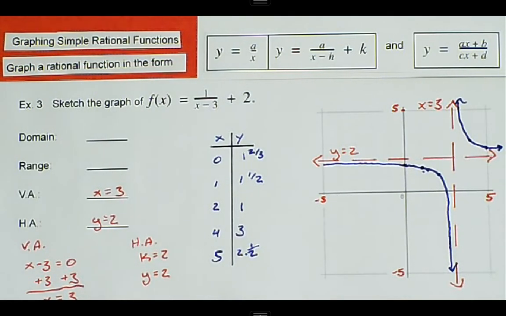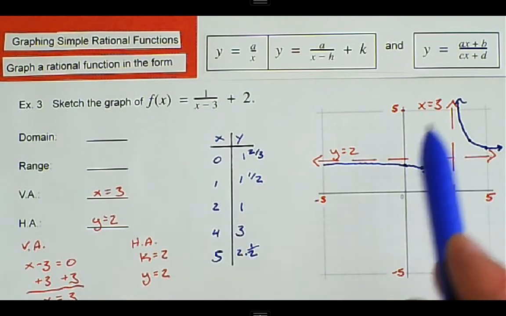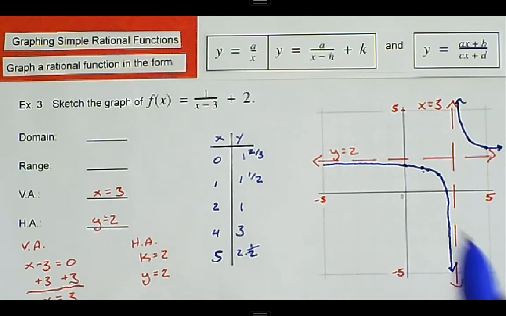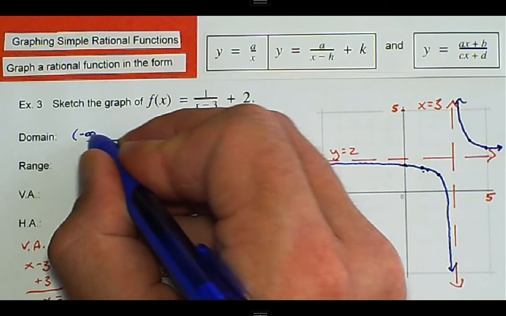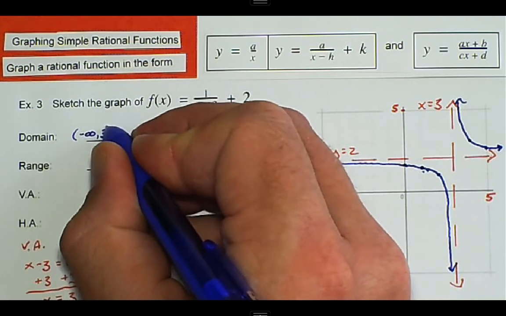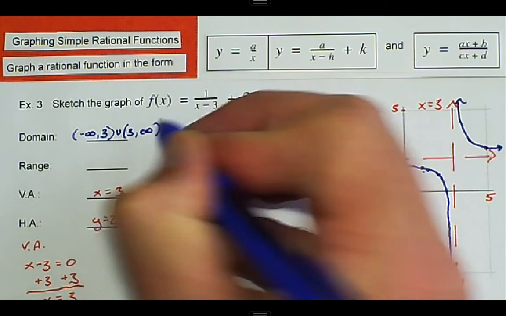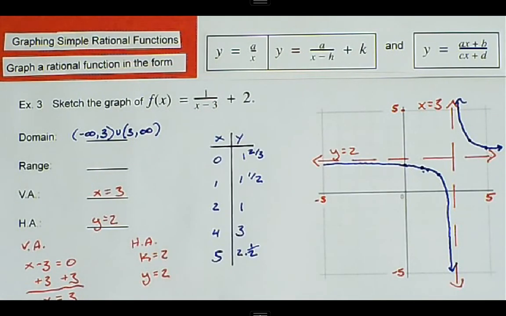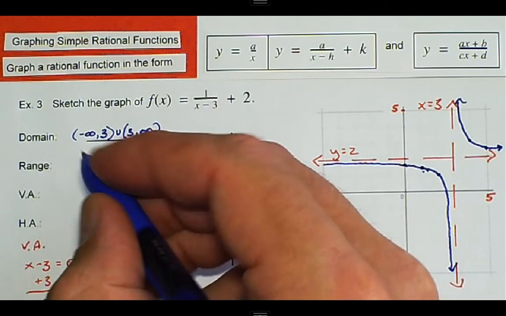Then we need to talk about our domain and range. So our domain is the x values. That's defined everywhere except x equals 3. And so our domain will be from negative infinity to 3. 3 is not included. Then we'll start back up at 3 and go to positive infinity. And range is defined everywhere except y equals 2.